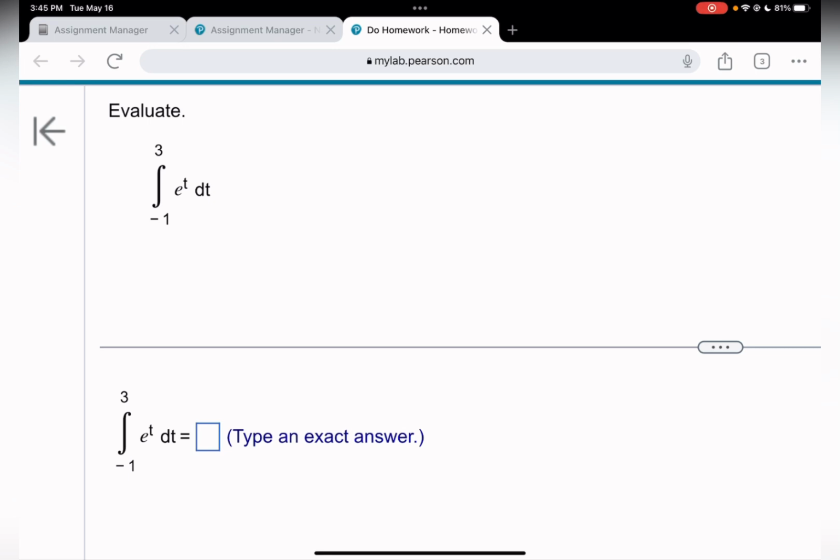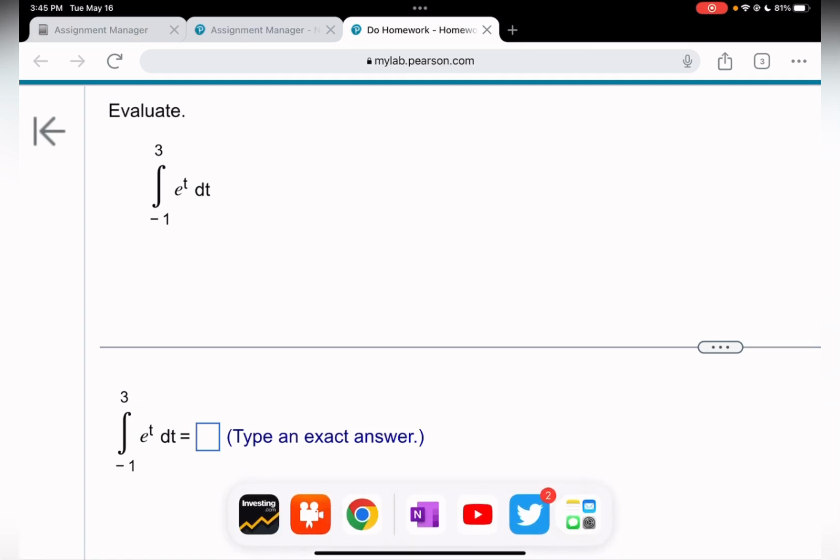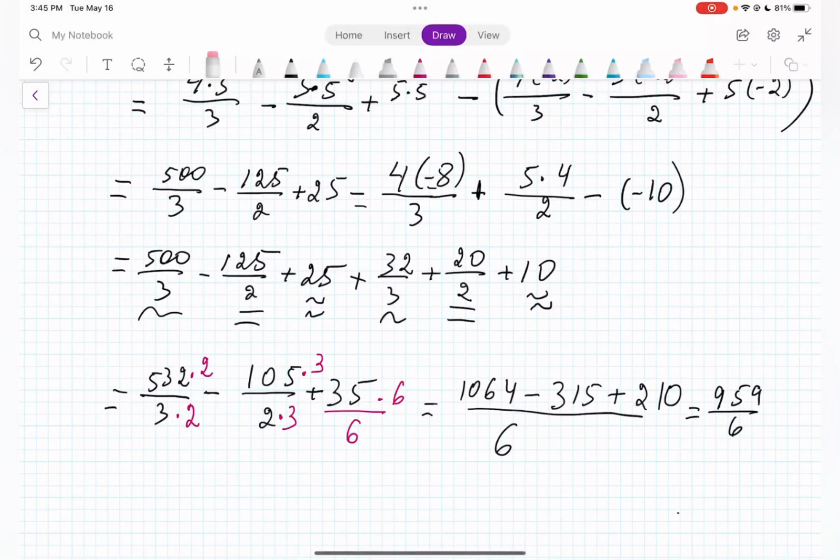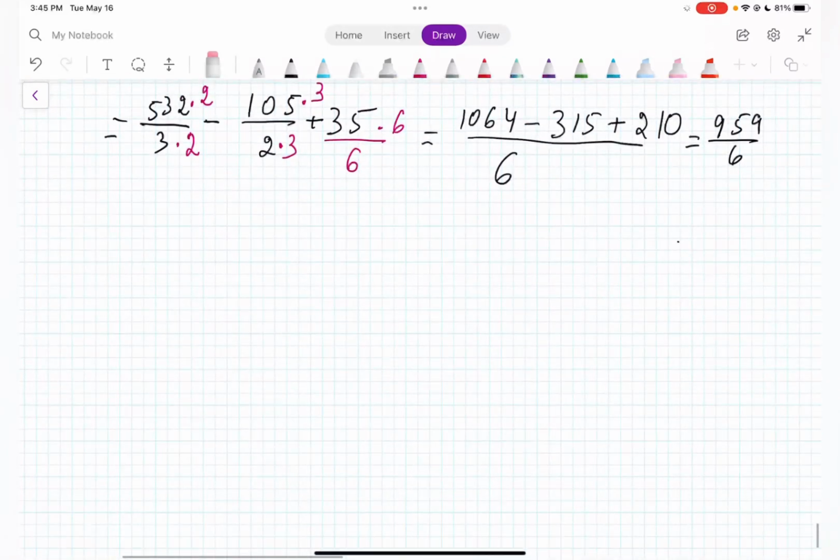E to power t dt. So, how are we gonna solve? This is number 17. And we are getting from -1 to 3 e to power t dt.